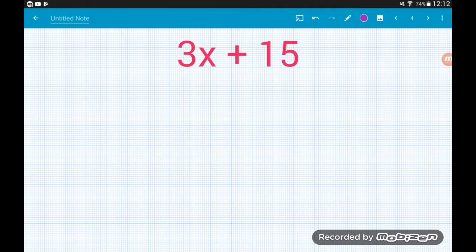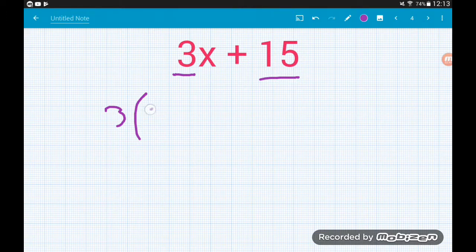Cool. Okay, example 2. 3x add 15. So what is common here then between 3x and 15? Well, this time it's a factor of 3. 3 goes into 3x and 3 goes into 15. So we put a 3 on the outside of a set of brackets, then divide the expression by 3.